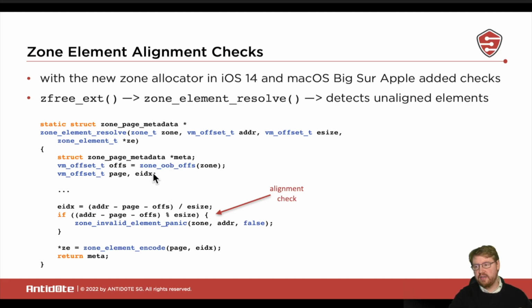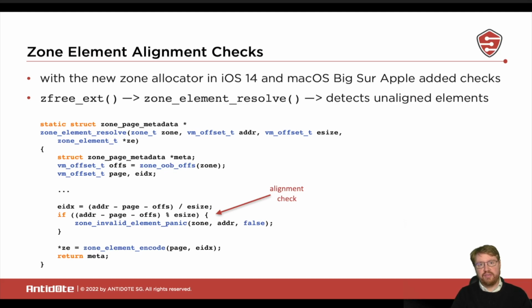What you see here is a part of the code, and down here you can see it is trying to determine the index of an element within the memory chunk. And here it validates if this memory chunk is actually aligned. And if it's not aligned, it will cause a kernel panic.